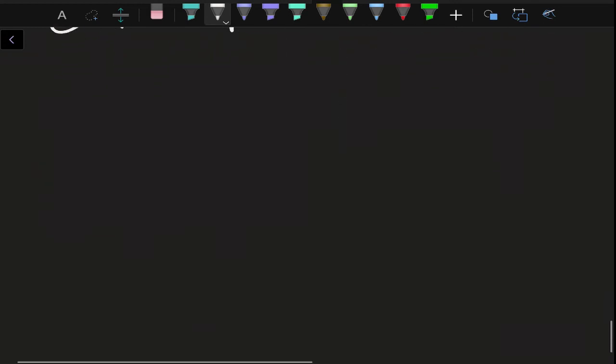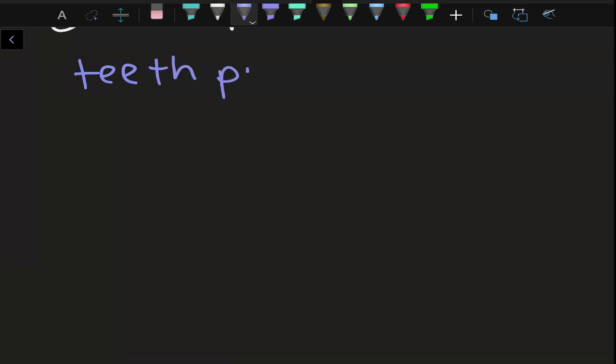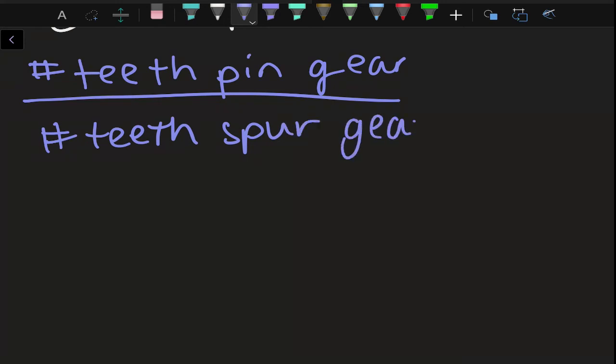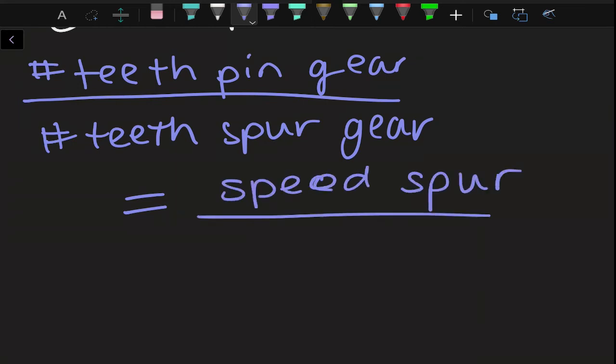So how do we set this up? Well, this is going to be the number of teeth in the pinion gear over the number of teeth in the spur gear, and that is going to equal the speed of the spur gear over the speed of the pinion gear.